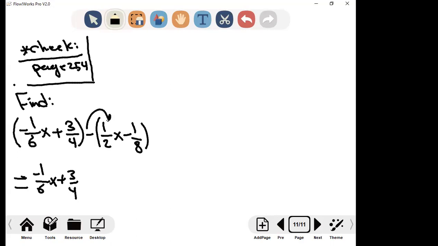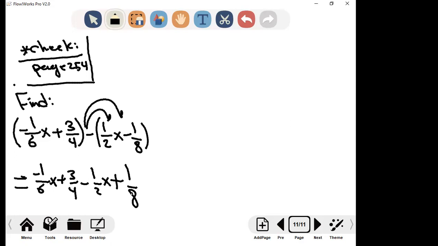Now distribute the negative here before you subtract. The negative on half x will be negative half. The negative on negative 1 over 8 is plus 1 over 8. Now what we will do, we will combine the like terms. Negative 1 over 6x with what?